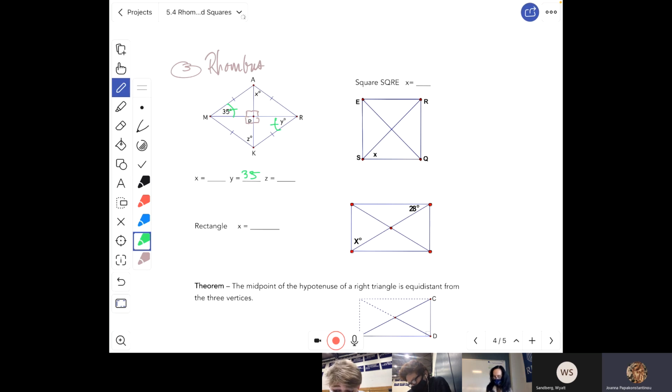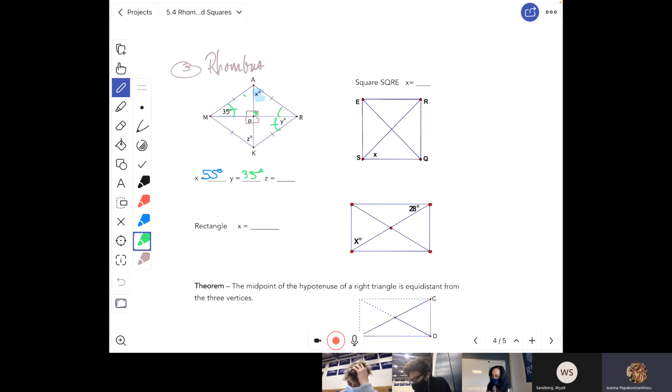What is X? Okay, how do you know that? Because there's a line. Ooh, that's beautiful. Oops, sorry, 55 degrees. So again, we know this is 90. We know this is what?